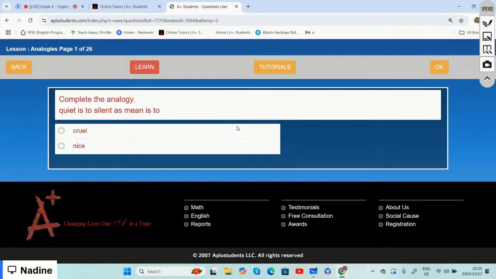It says, quiet is to silent as mean is to, is it option one, cruel, or nice? Which one is correct? Quiet is to silent.